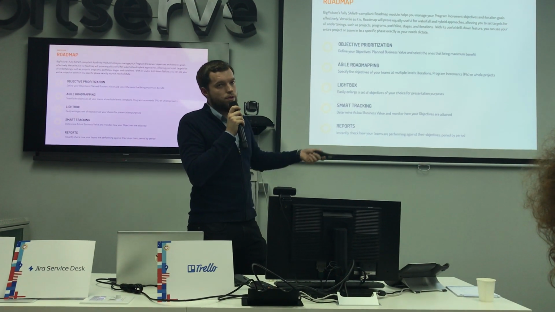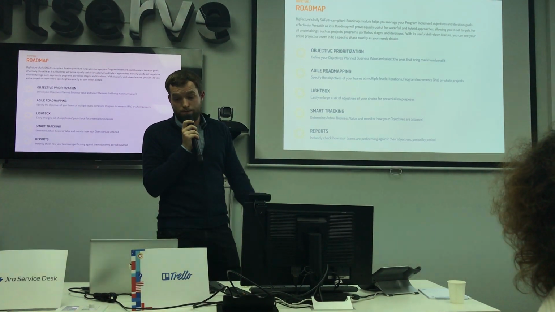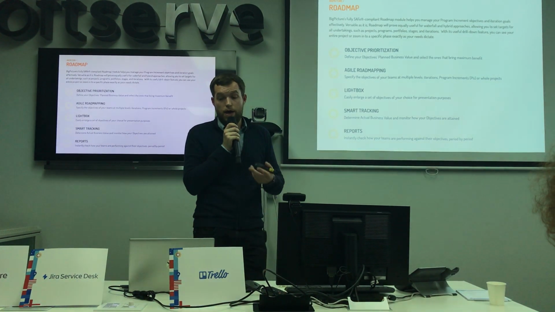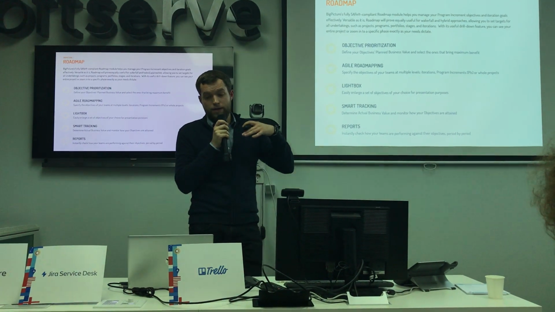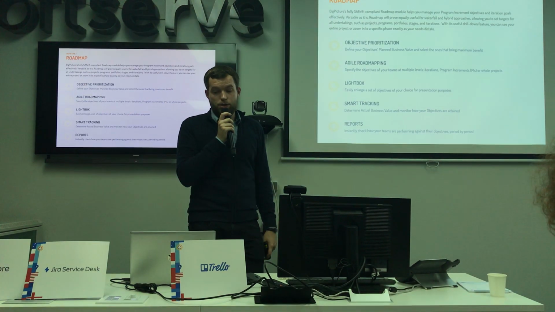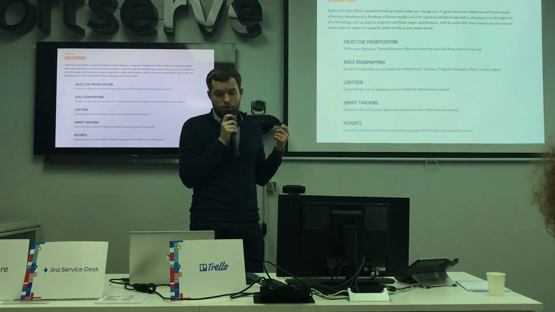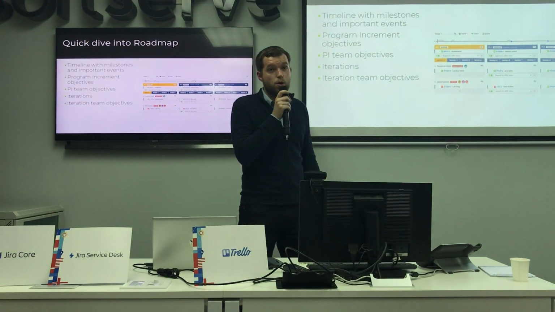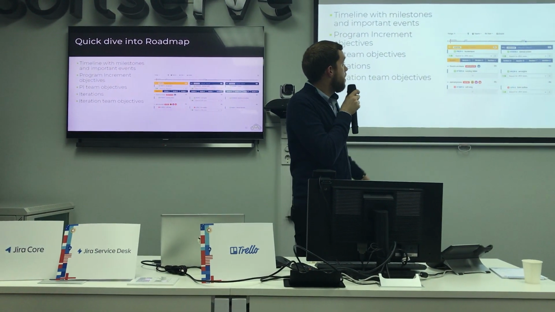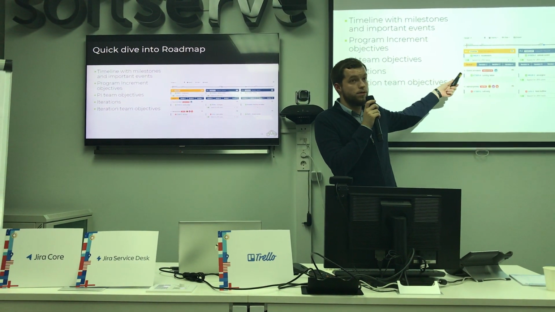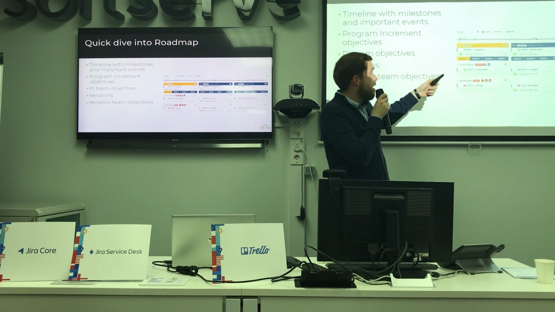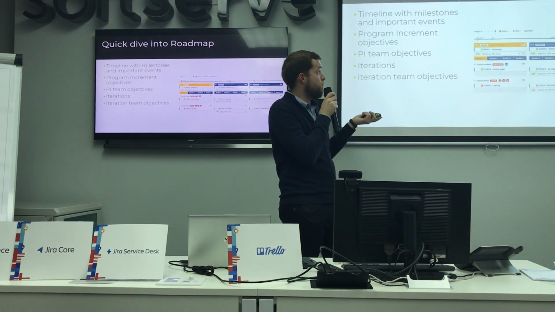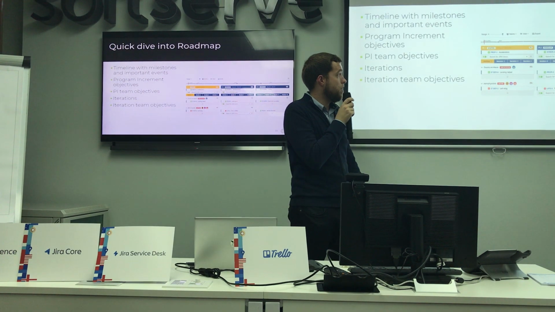An additional Agile thing, the roadmap. Agile road mapping is how to specify the objectives of your teams at multiple levels in its iterations. So it's a good thing for tracking and reports of what is going on inside your projects. As you see, you have PIs, you have iterations inside of PIs. You can set some objectives for your teams to perform over this range.